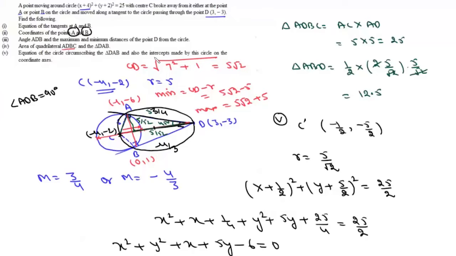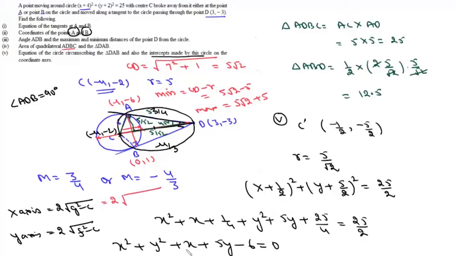And also we have to find intercept made by this circle on coordinate axis. Now we know that x-axis intercept is 2 times under root g square minus c, and y-axis intercept is twice under root f square minus c. Now this is 2 under root of, now what is g square? Now g in this case is 1 by 2, so there will be 1 by 4 plus 6.